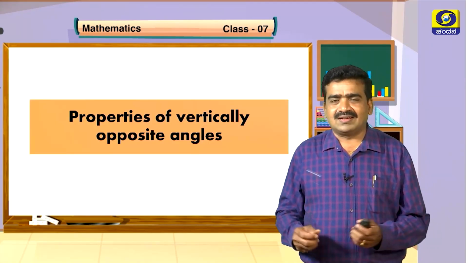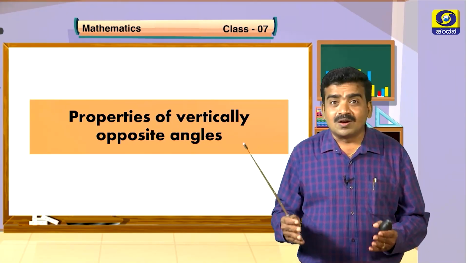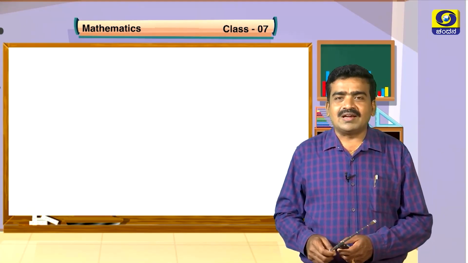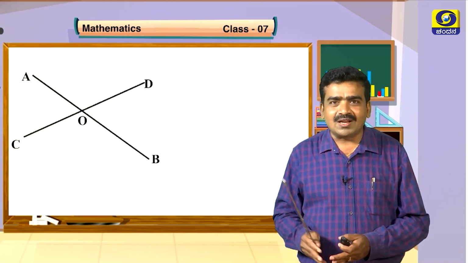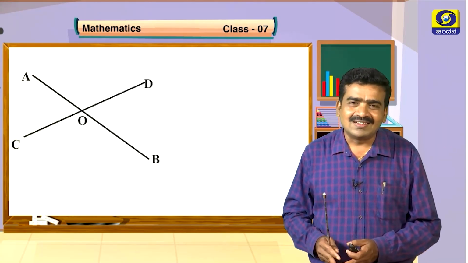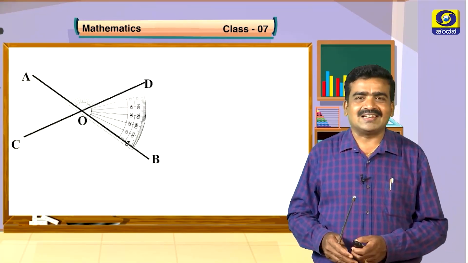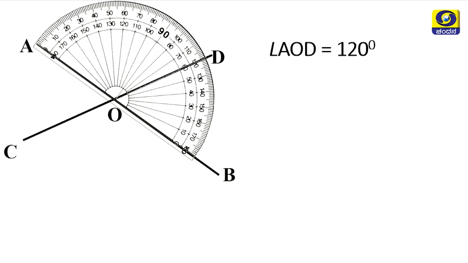Now let us learn one more important aspect of this lesson, properties of vertically opposite angles. While measuring the angles, you come to know that a pair of angles are equal when we measure the angles formed by the intersecting lines. Here we have measured this already.